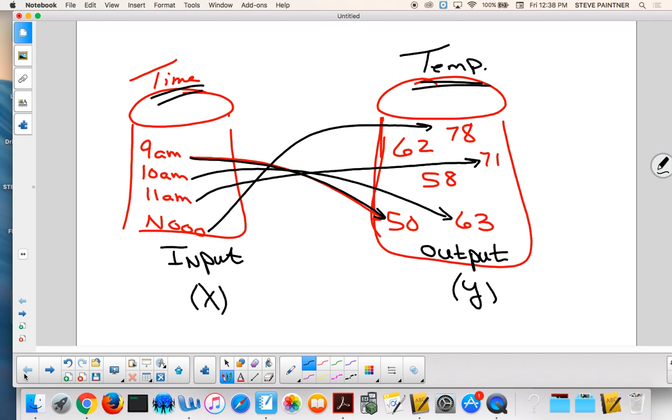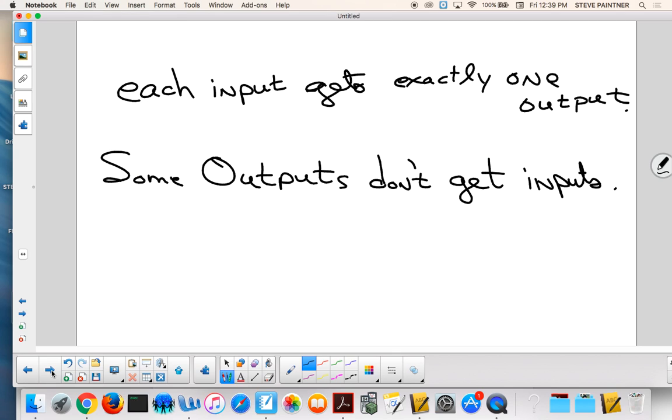Next, 3. 2 or more elements in A may be matched with the same element in B. How do you want to say that? 2 or more inputs, what? They share an output. They can share, okay.